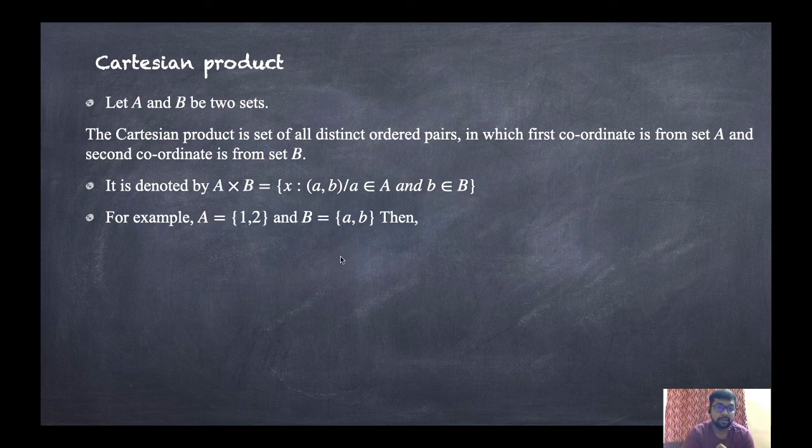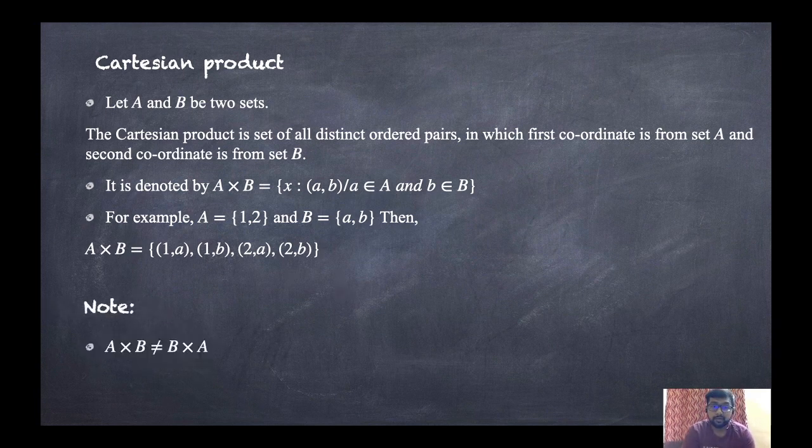Then what will be A cross B? It will be 1 with both a and b, and 2 with both a and b. That means (1,a), (1,b), (2,a), (2,b). So there will be 4 elements. Note, A cross B does not equal B cross A. So it is not commutative. This one is important.